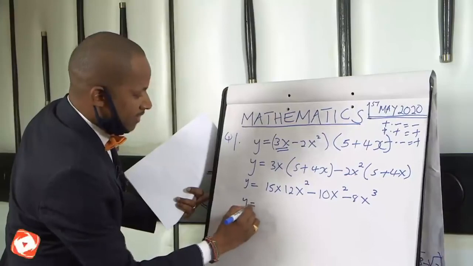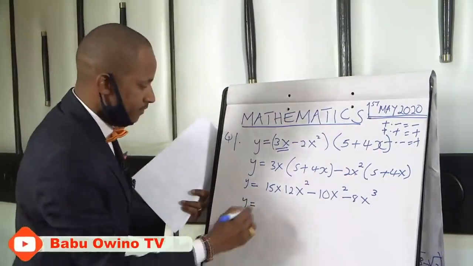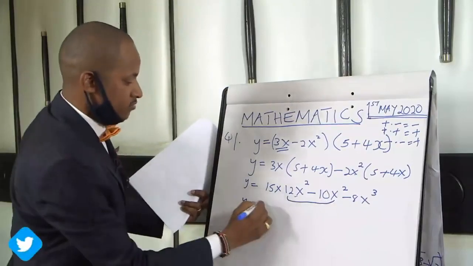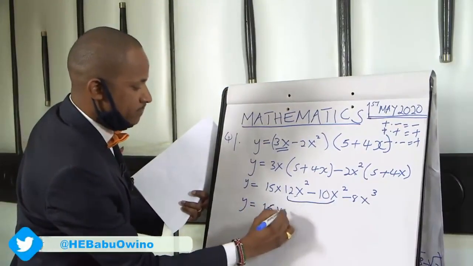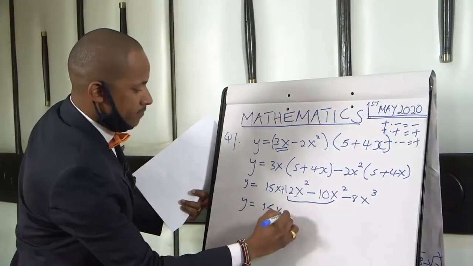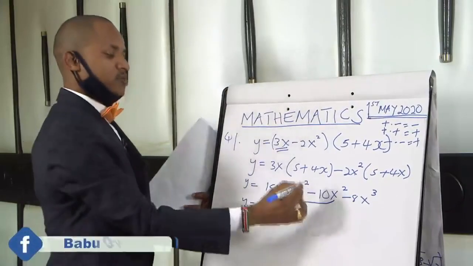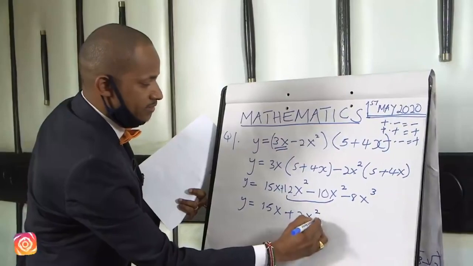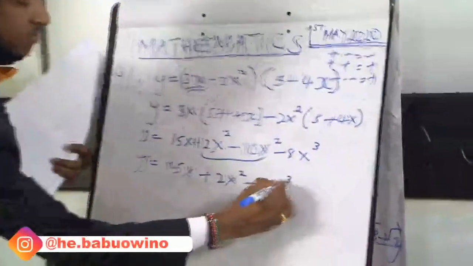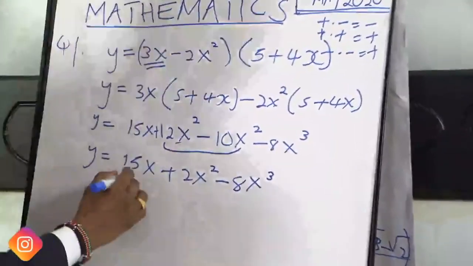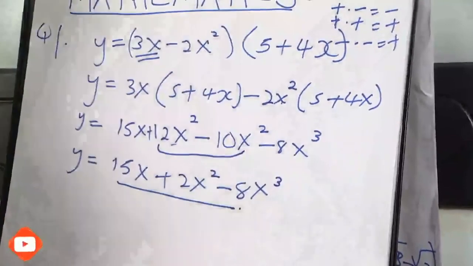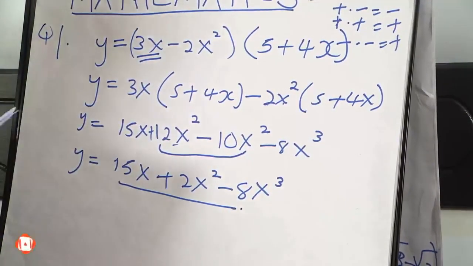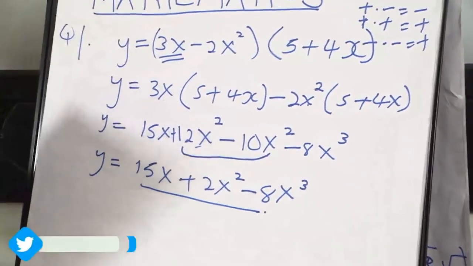Now, our y becomes, you simplify further by collecting the like terms: 15x plus 12x squared minus 10x squared is 2x squared, minus 8x cubed. So this is our simplified value for y.